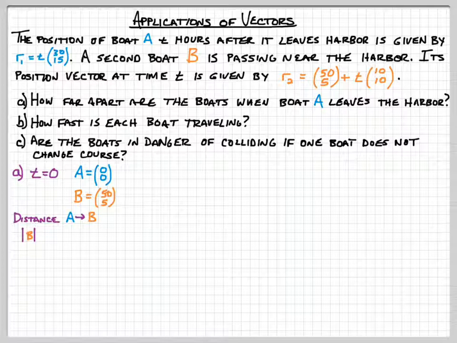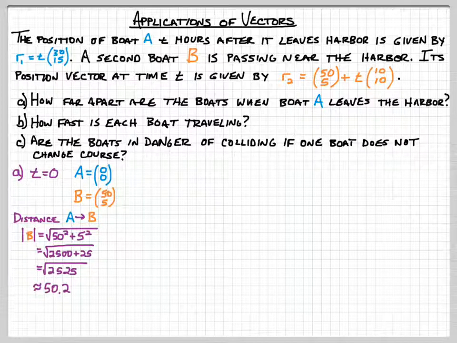So we're going to look for the magnitude of B. That's going to equal the square root of 50 squared plus 5 squared. Simplifying this, 2500 plus 25, the square root of 2525, which is approximately 50.2. We didn't put a unit on here, so we'll call it kilometers, let's say. So when boat A first starts leaving, we know that they're approximately 50.2 kilometers away from each other.